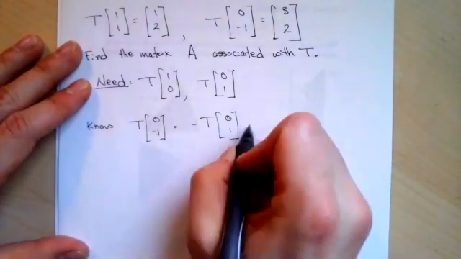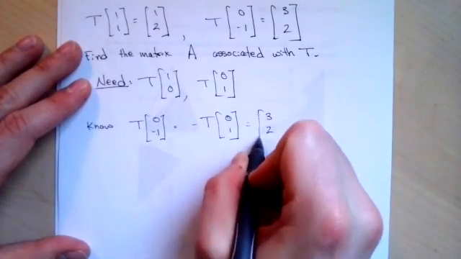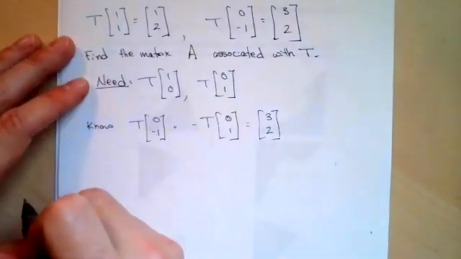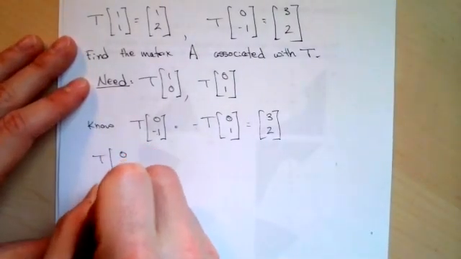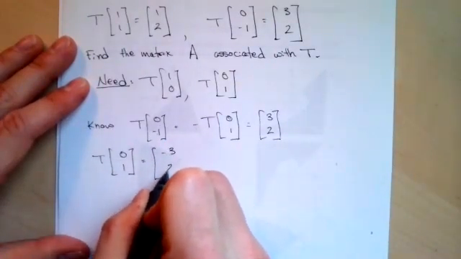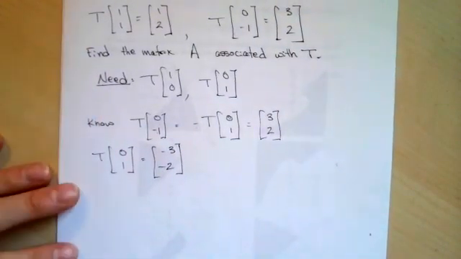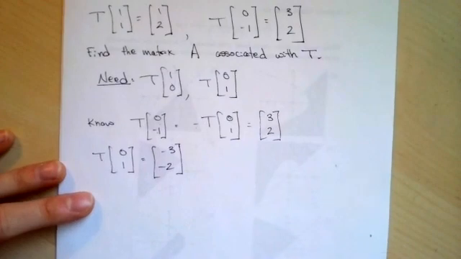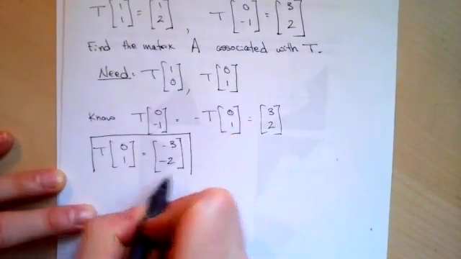And I know that this guy should have been equal to (3, 2). So we know now at least that T of (0, 1) is going to be (-3, -2). So that's our first piece. That'll be our second column.